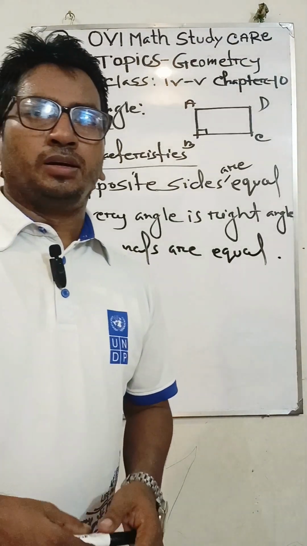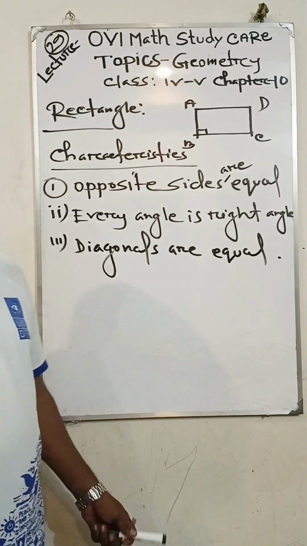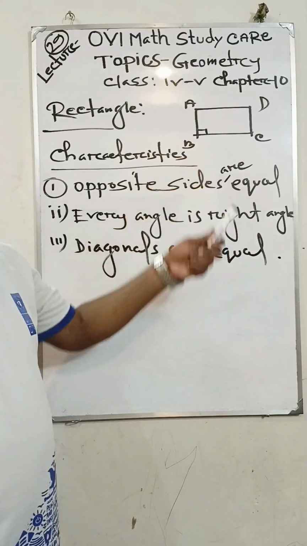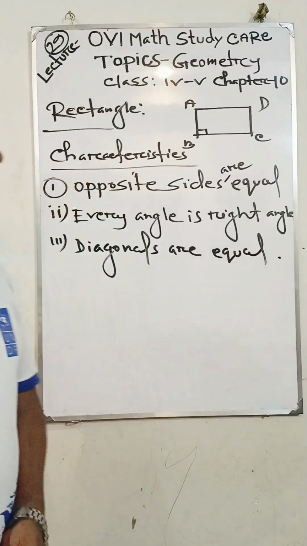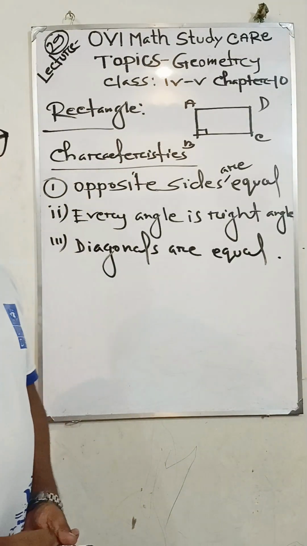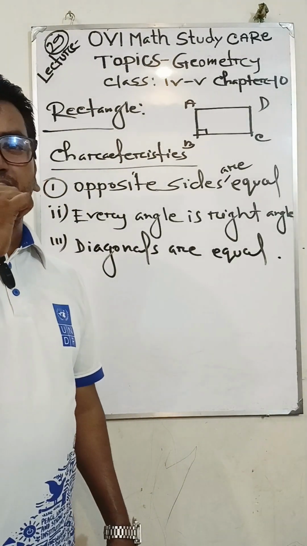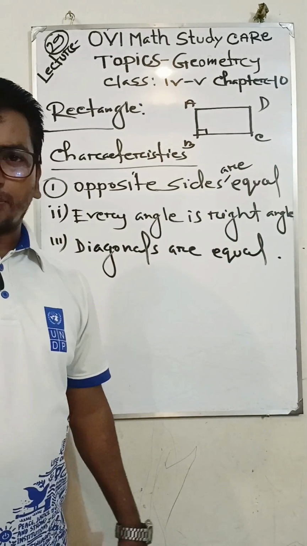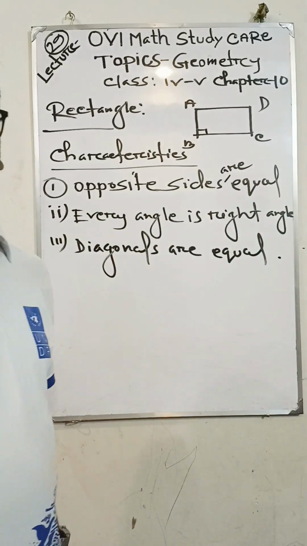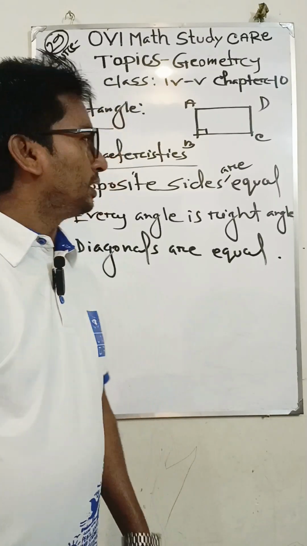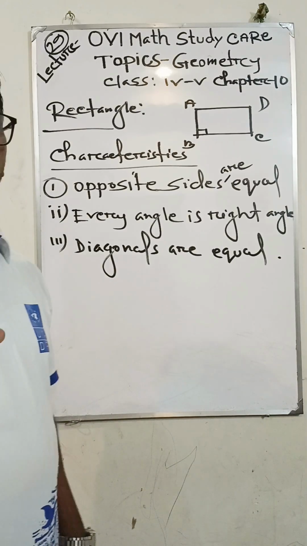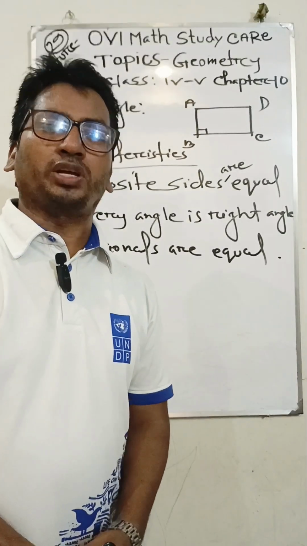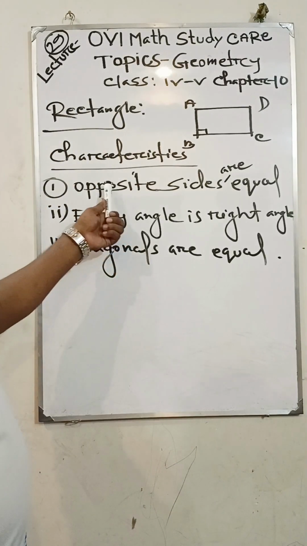If in your exam they ask for 2 or 3 characteristics, but we should learn at least 4 characteristics of a quadrilateral, so that if we forget one, we can still easily write 3 characteristics.